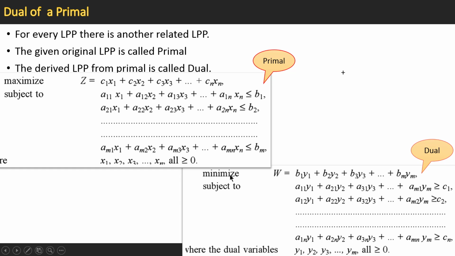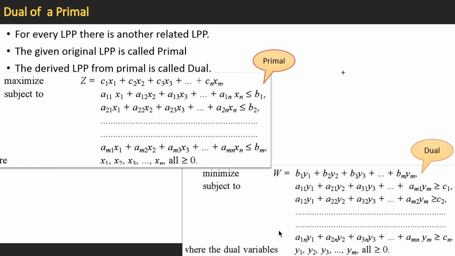Clear? Now what about a11, a12? What will happen to them? Look here. This is a11, this is a12, a13. They have come in the vertical direction, which means that the first row has become the first column. Similarly, the second row has become the second column in the dual. Basically, if you have studied matrices, you have seen the transpose of a matrix.